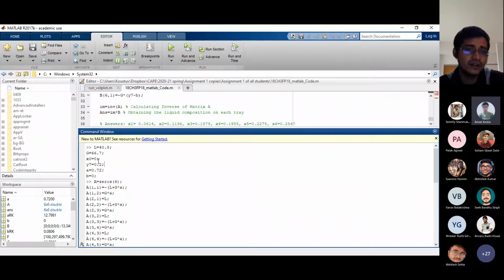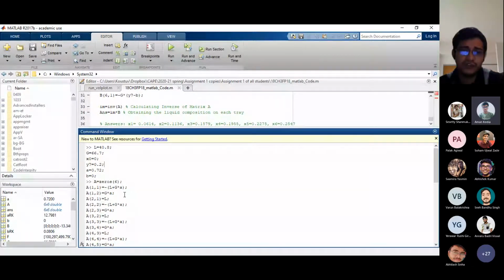The exit concentrations, that is the concentration of solute in the leaving liquid and in the gas leaving the tower, are unknown, and they will be obtained from the mass balance. Those are basically x1, x6 and y6, y7. So this is how we write it.